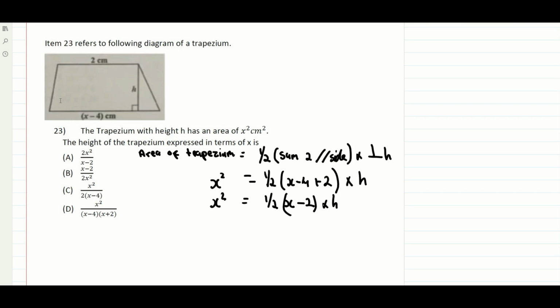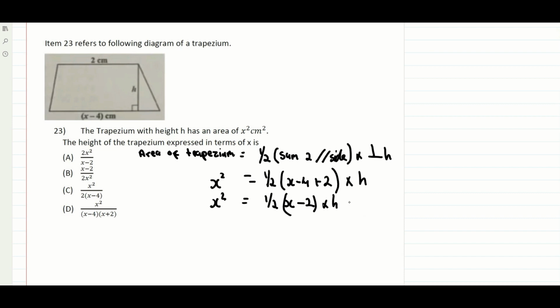So, as I was saying, the area of a trapezium is a half the sum of your parallel sides times your perpendicular height. Sum of your parallel sides is x minus 4 and 2, and your perpendicular height is h. So we want to know h, and then they told you the area is x squared. So basically you're going to make this h the subject.